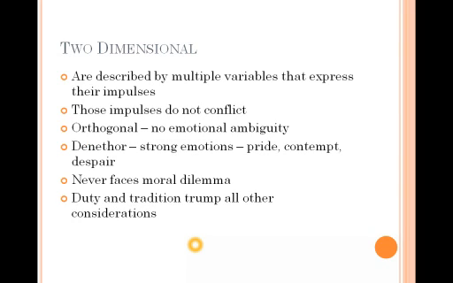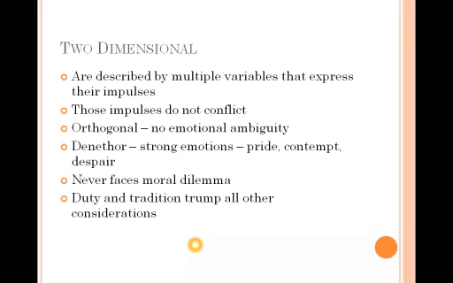Now, two-dimensional characters. Here there are multiple emotional states represented by multiple variables. These express their multiple impulses. These impulses are usually orthogonal and they usually don't conflict. Some examples are strong emotions.